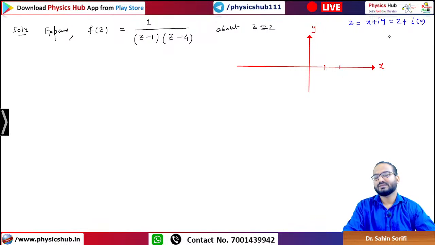It means you go along the x axis 2 units and you go along the y axis 0 units. That is why whenever we say z equals 2, you imagine it like x equals 2. If some complex number is added, then you will go along the y axis, otherwise there is no need. So this is 0, this is 1, this is 2 and this is 3. Clear? About z equals 2 means about this point.